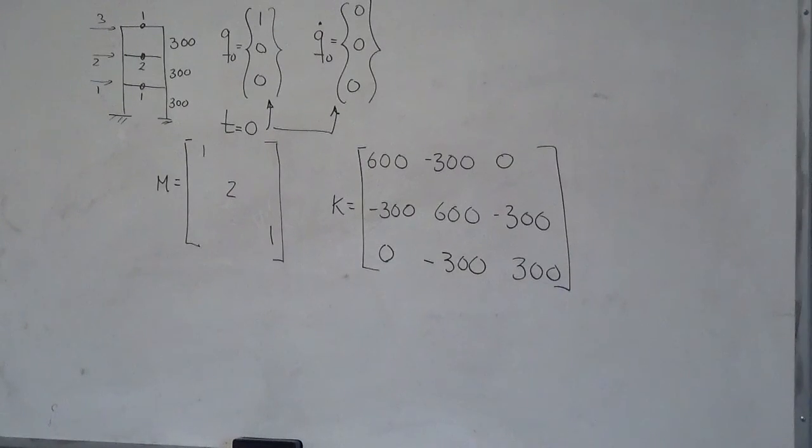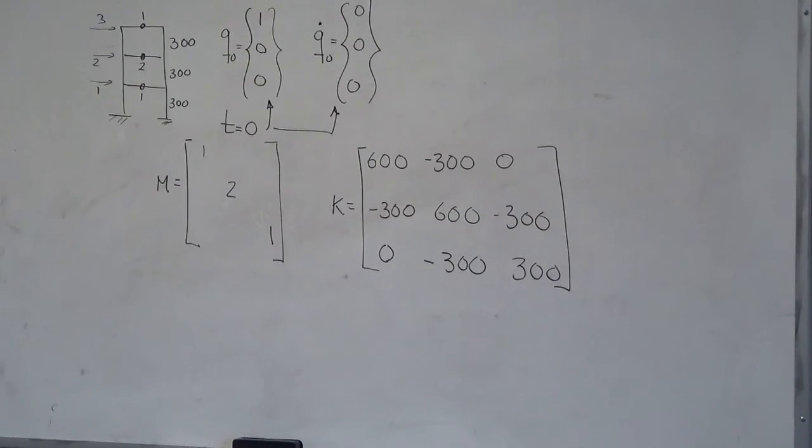So diagonal, 1, 2, 1, and the stiffness equals 600. Okay, done. So I got the mass and the stiffness.